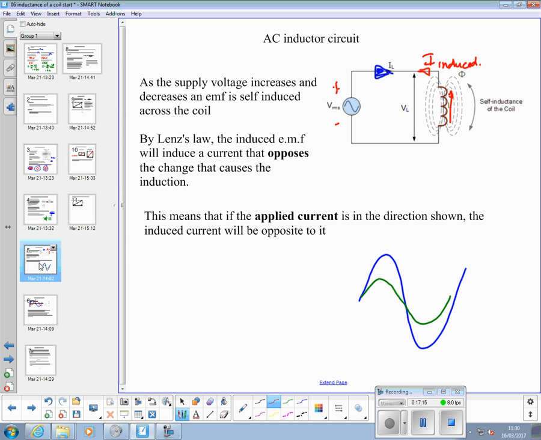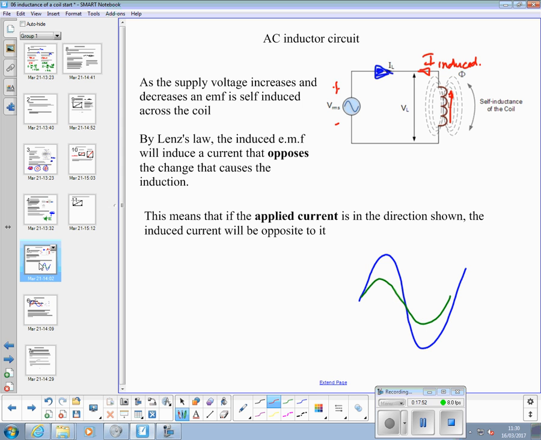What that does is, if the current's trying to rise this quickly, it slows it down, pushes it back. It's never big enough to stop it actually going up, but it holds back. It makes the current in the circuit lag the voltage that's causing it. Okay? Do you get that? Kind of understanding it or not? Yeah?